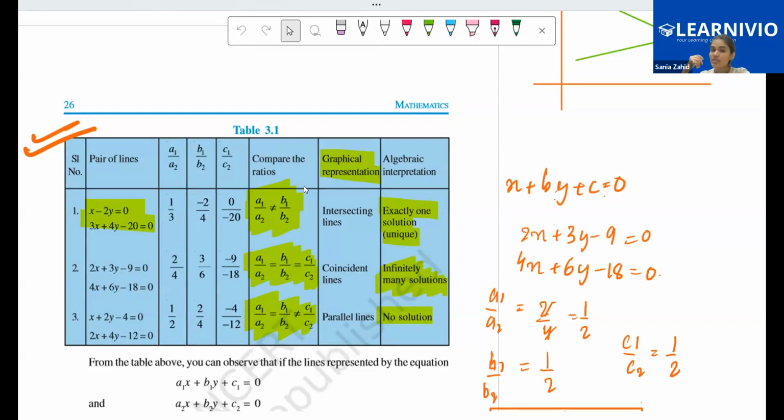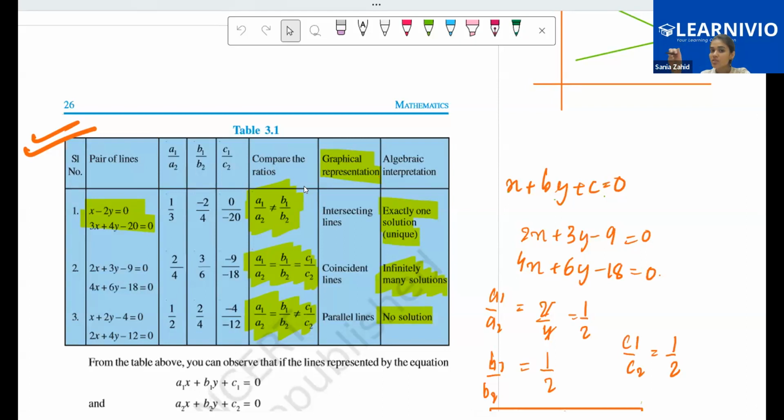And such type of equations has how many solutions? How many solutions are there for such type of equations, Sumer? Very many. Infinite number of solutions. And what are they called? Are they called consistent or inconsistent? Consistent. Then we came to the situation where a1 by a2 may not be equal to b1 by b2. That means the equations are exactly different.